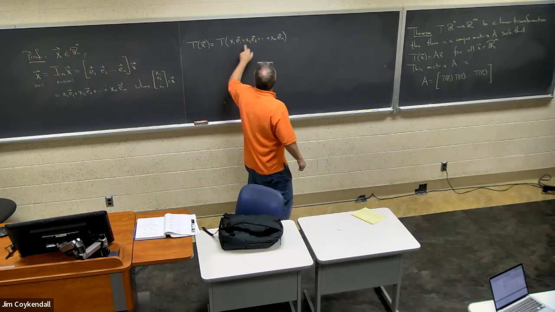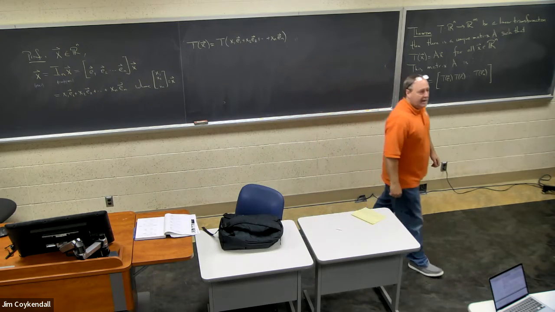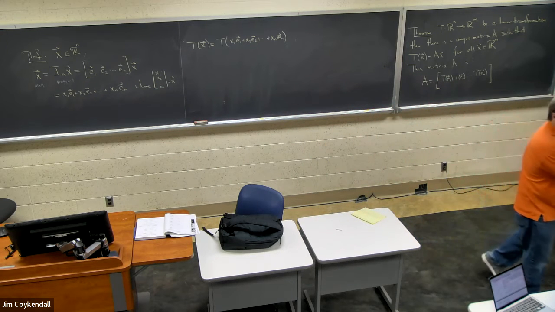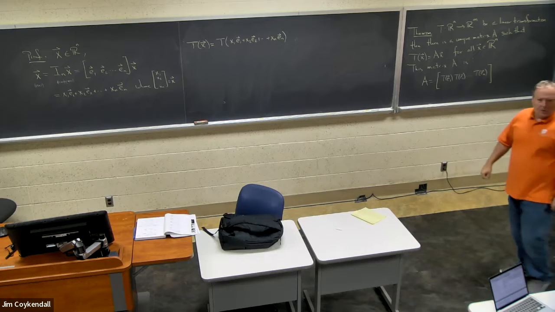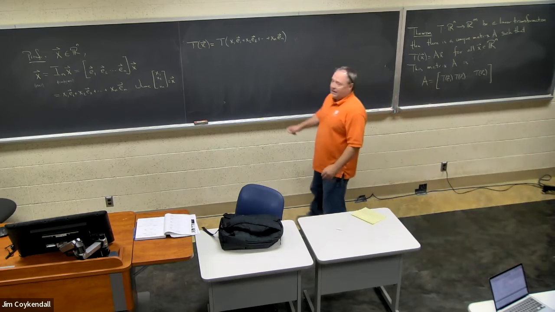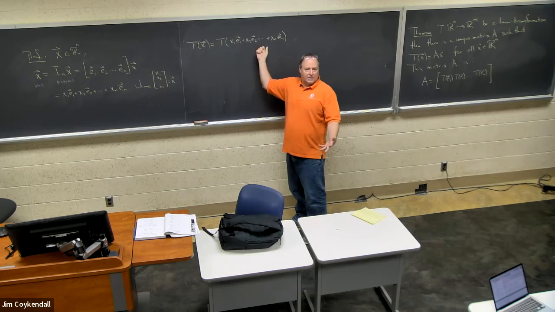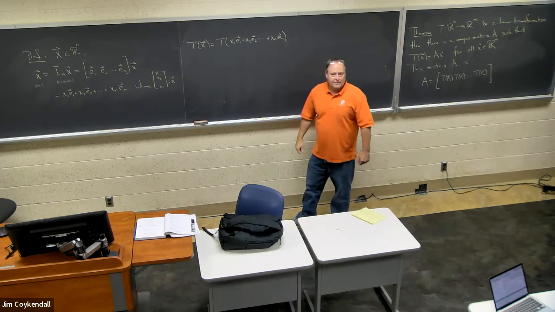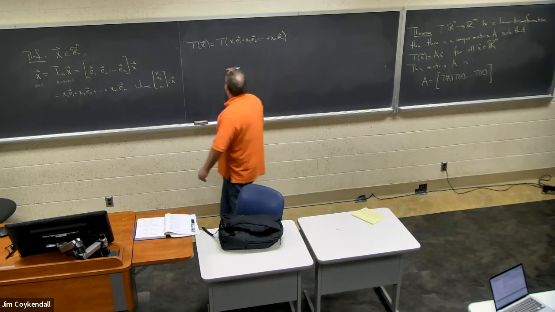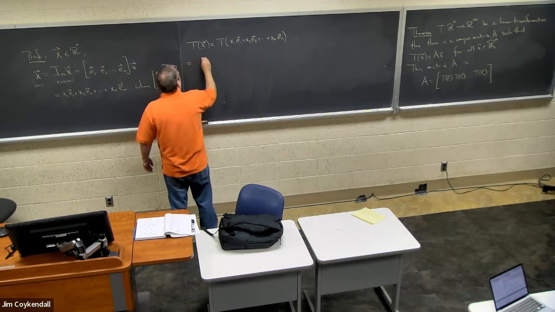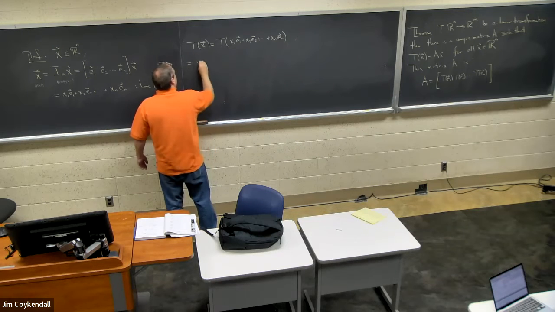So I just replace the X vector by what it is. Now, this is a linear transformation. So can anybody guess what my next move might be? T of the sum of this big collection of things. What can I do? Okay, good. I can break this up. And in fact, I can also pull out constants.